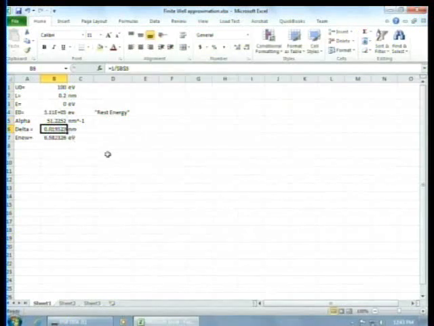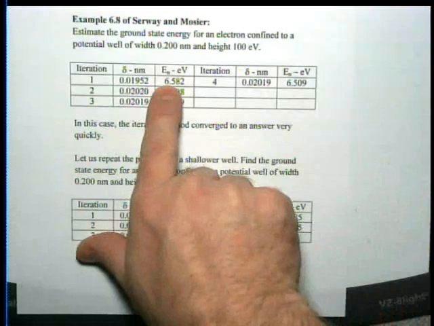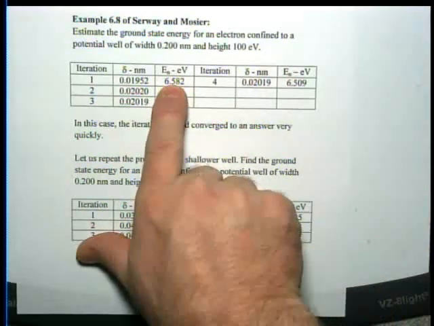There's my delta that's computed, 0.0195 or 0.195 angstroms. And it suggests that the energy should be 6.582. If you look in my first column, that's where I got those numbers from. Now I'm going to take that number and put it into my spreadsheet and do the process over again.